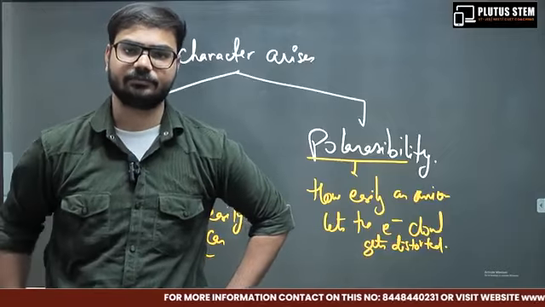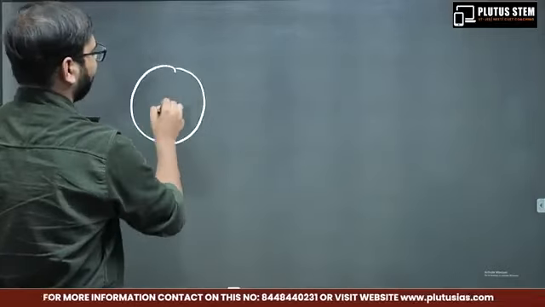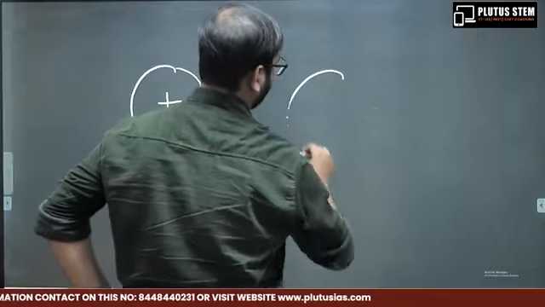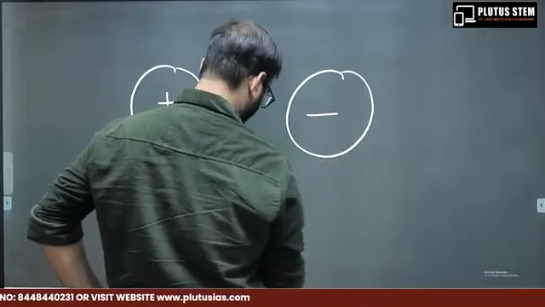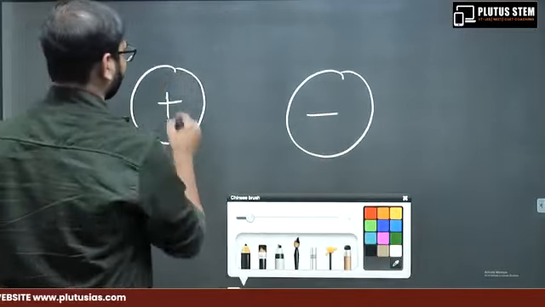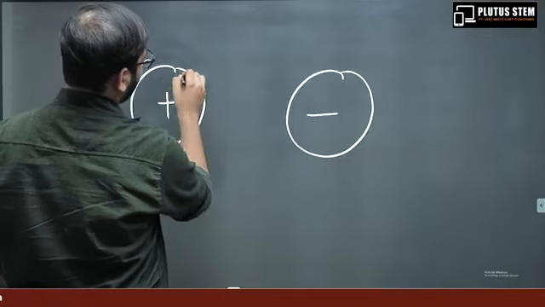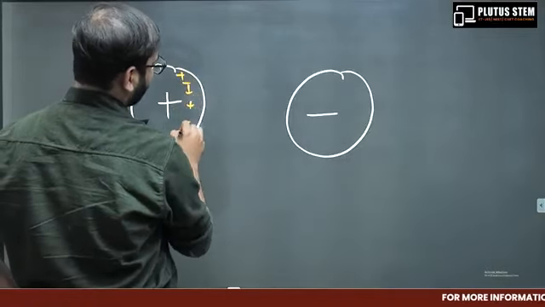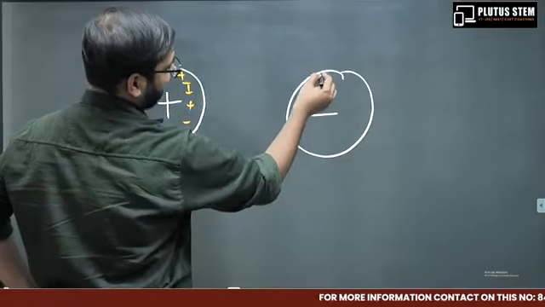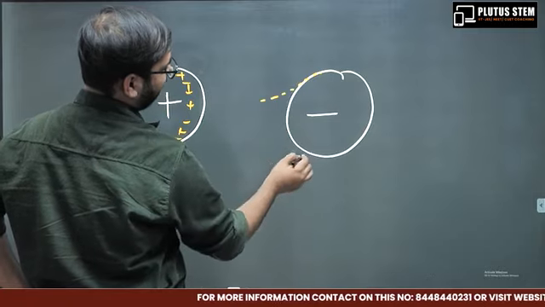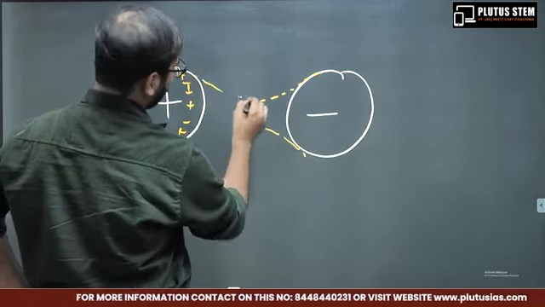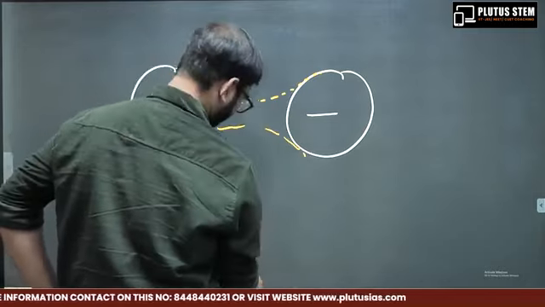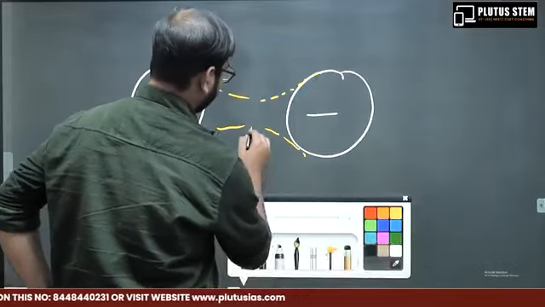In an ionic compound, I need to bring a cation close to an anion. When they come close to one another, the positive charge starts to align itself to the negative charge, and the negative electron cloud starts to get attracted towards the cation.